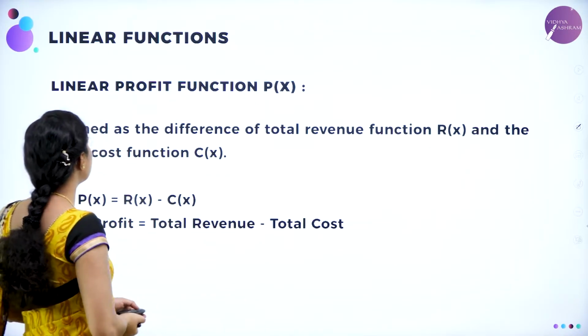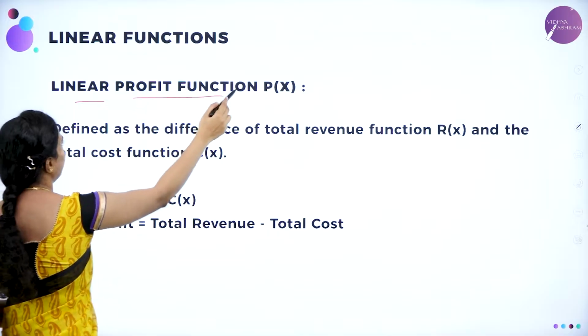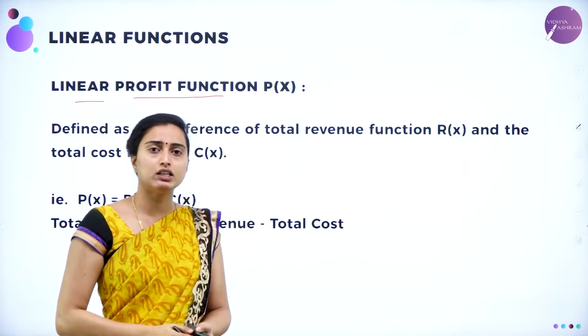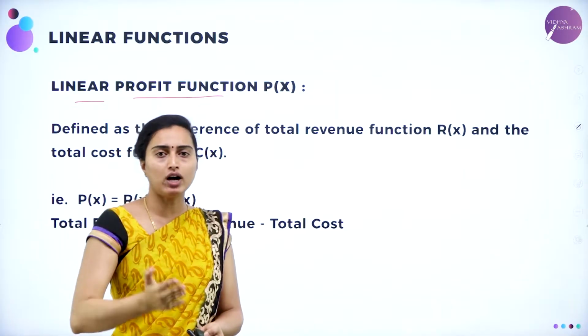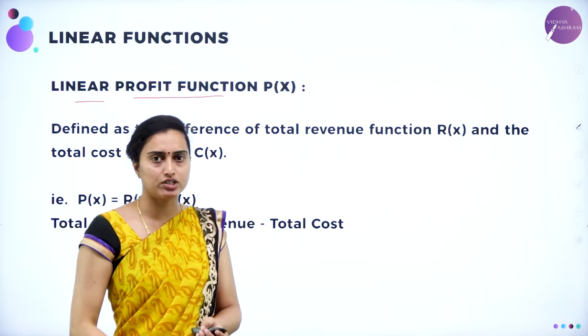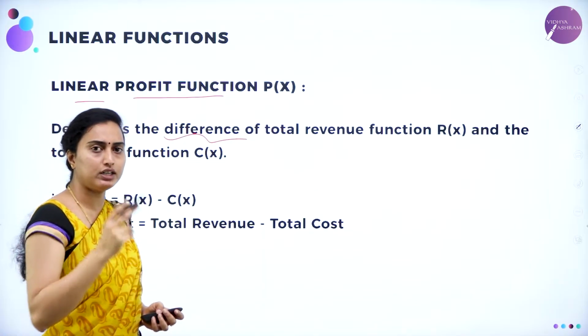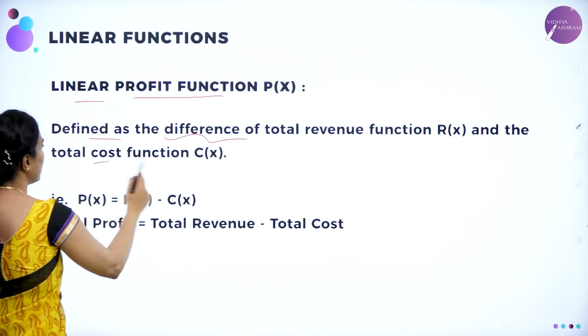We'll move on to the next, which is the linear profit function. What do you mean by the profit function? A profit function is nothing but revenue minus cost function gives you the profit function. Here we are going to define it as the difference between the total revenue, that is R of X, and the cost function.